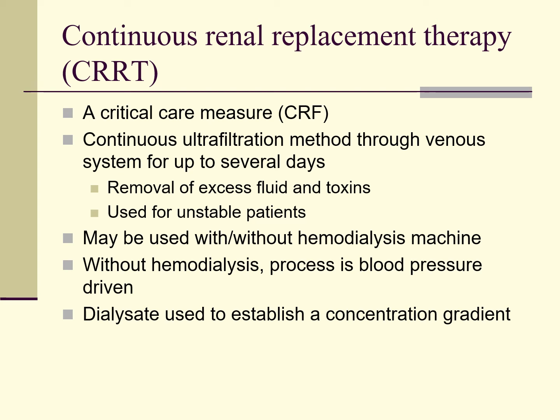Sometimes when you prime a hemodialysis machine and put the patient on it, they have a drop of blood pressure as they shift their blood out of the body. And this is concerning for some of our acutely ill patients.